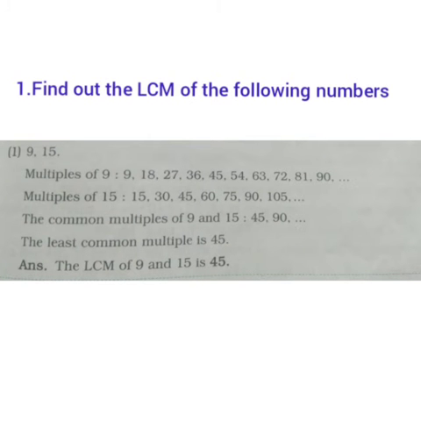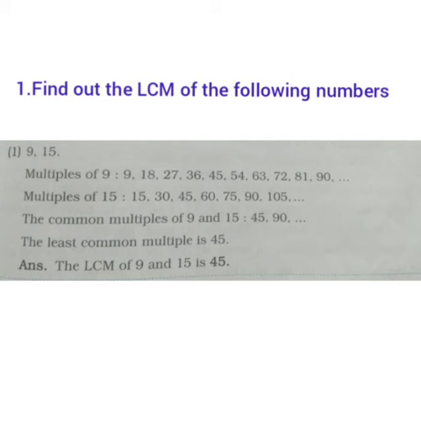First question. Find out the LCM of the following numbers. First, 9 and 15. Let us start solving this sum. Multiples of 9: 9, 18, 27, 36, 45, 54, 63, 72, 81, 90, and so on.